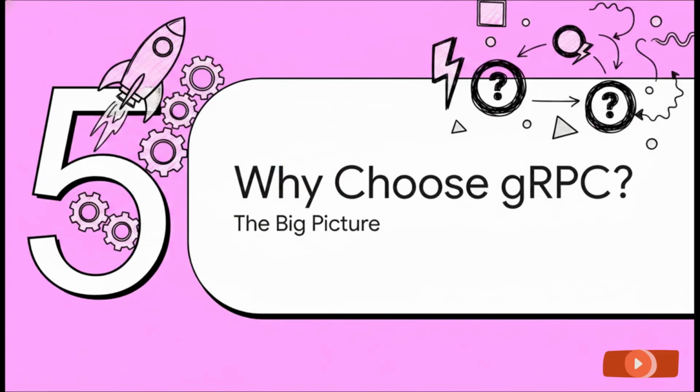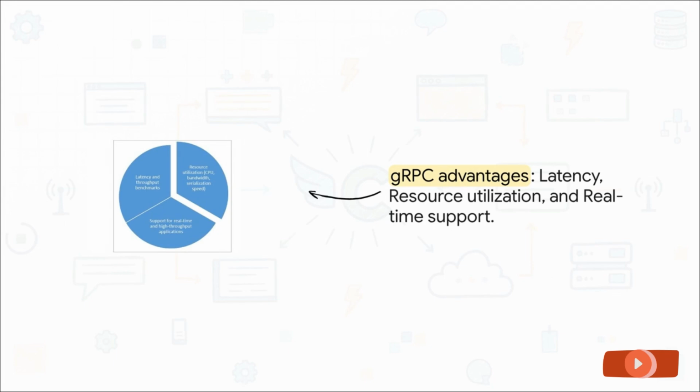Part 5. Why choose gRPC? So the crucial point is, why should you go through the effort of learning protocol buffers and rewriting your APIs to use gRPC? Well, let's ground our cartoon bots and highways in some hard data from the research. The advantages are broken down into 3 massive pillars. First, latency and throughput. Because protobuf is so dense, it uses up to 10 times less bandwidth than JSON.